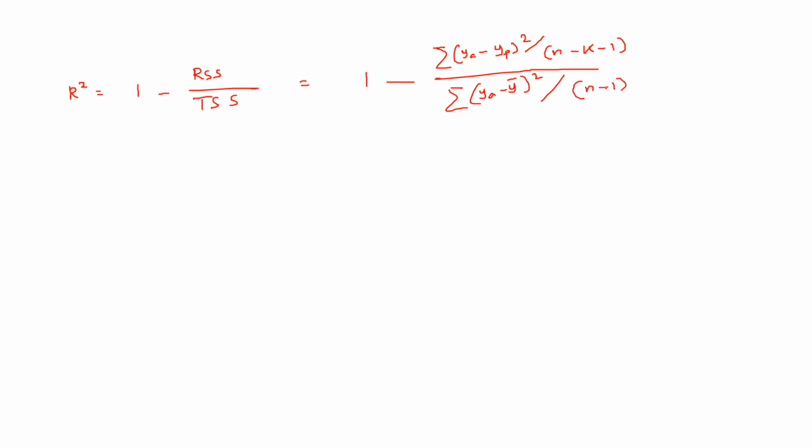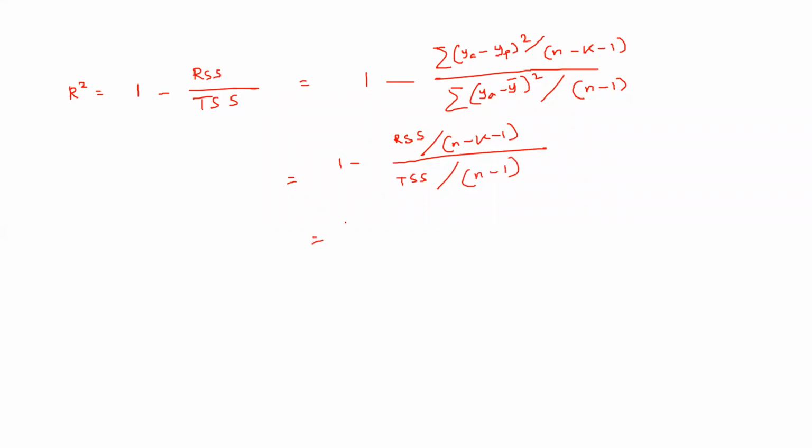So this is my total standard error, basically standard deviation. And this is dividing this value by n minus the number of parameters. So just see what I'm exactly doing. 1 minus RSS divided by n minus k minus 1, divided by TSS divided by n minus 1.